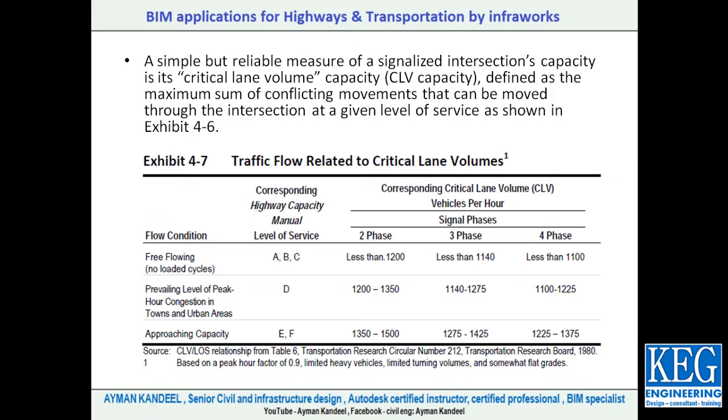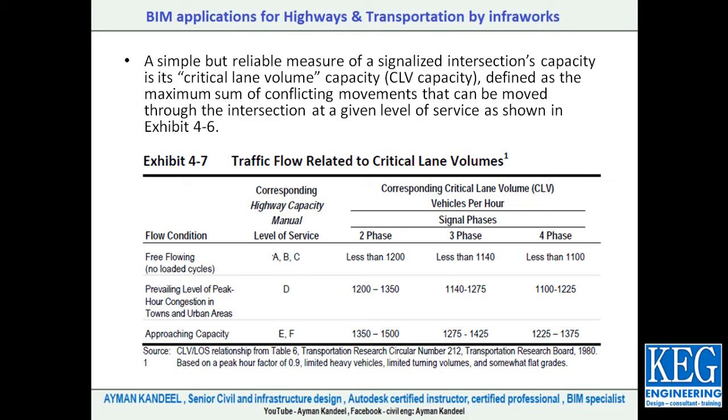Okay, if you want to calculate the measure of intersection capacity, there is one term called critical lane volume. By critical lane volume, we can calculate the capacity of each intersection based on the flow condition.